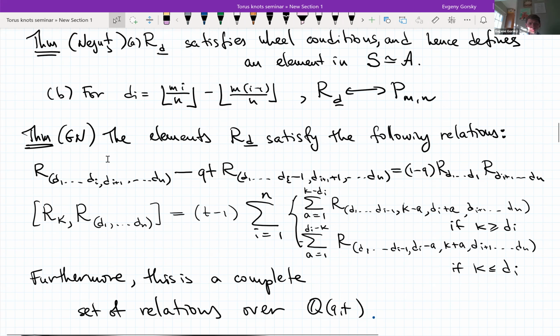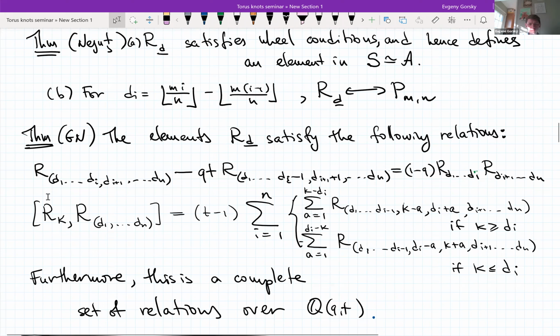And then the difference between this and that, times q t, is actually 1 minus q times the product of two R_d's when you break in the middle. So you just break this thing in the middle and multiply by 1 minus q. And so here you see that in particular you just have 1 minus q, you don't have 1 minus q in a big power. And that is more similar to a skein relation that you might hope for.